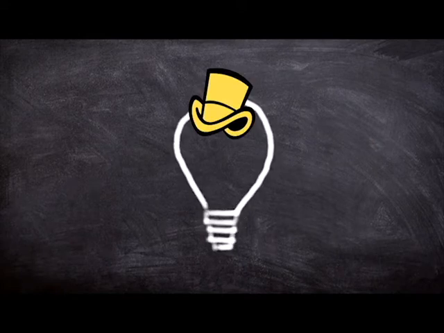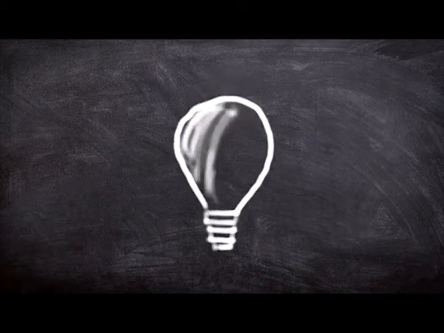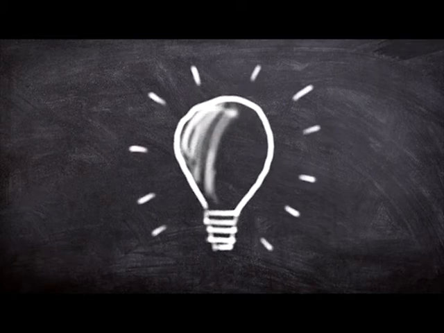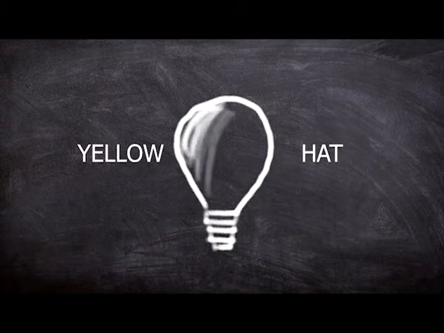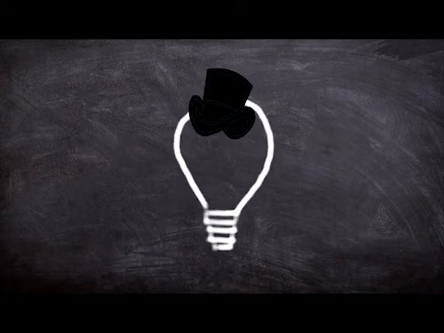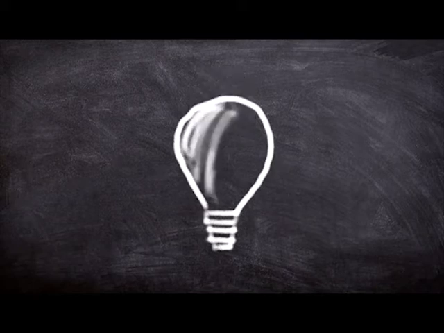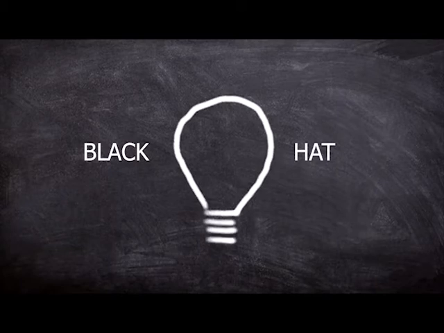The yellow hat asks us to make a value judgment about the good points. And the black hat asks us to do the opposite, to look at the bad points.